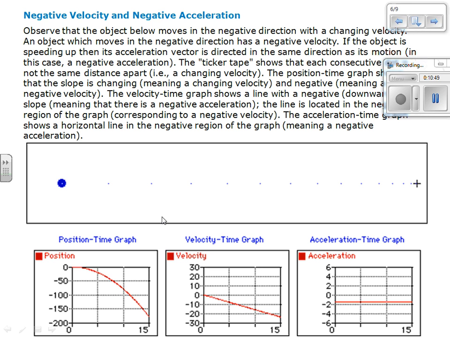On the velocity time graph, it's getting steeper, and so my graph is down and negative. The value of the slope is getting more and more negative. So the graph here becomes more and more negative. And the acceleration, because this is a straight line, is negative and flat. Okay? A little bit tricky.